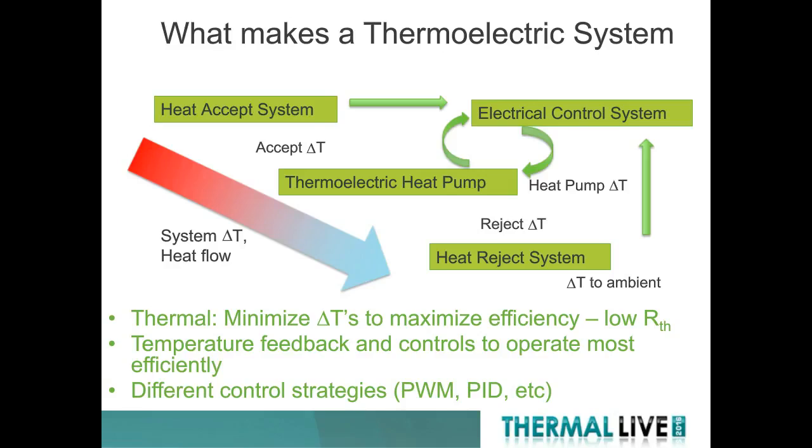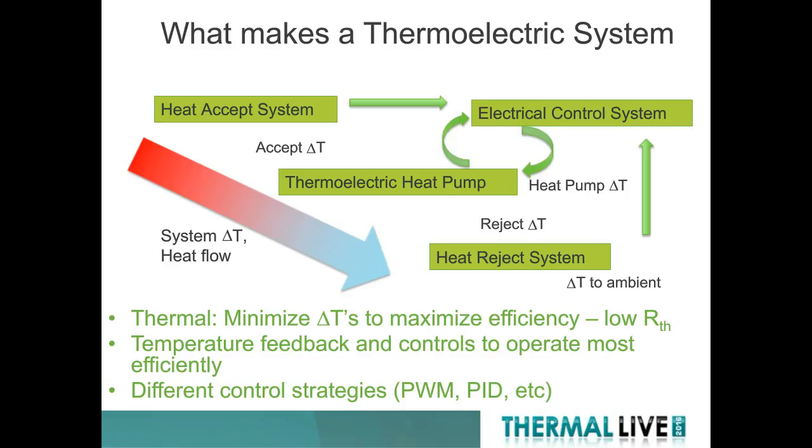And that typically means that your reject temperatures are barely supra-ambient and your accept temperatures are barely under your target temperature range. That can be difficult, but it is certainly accomplishable. And in so doing, with a properly designed thermoelectric system, you can provide efficiencies or energy consumptions that are directly equivalent to a traditional, typical vapor compression solution.